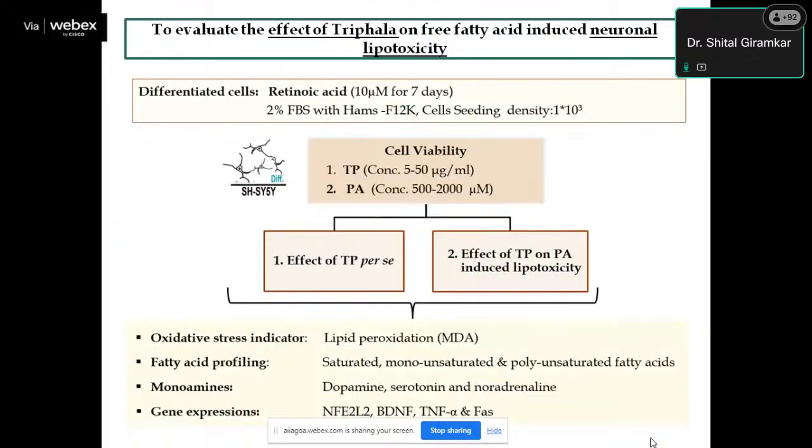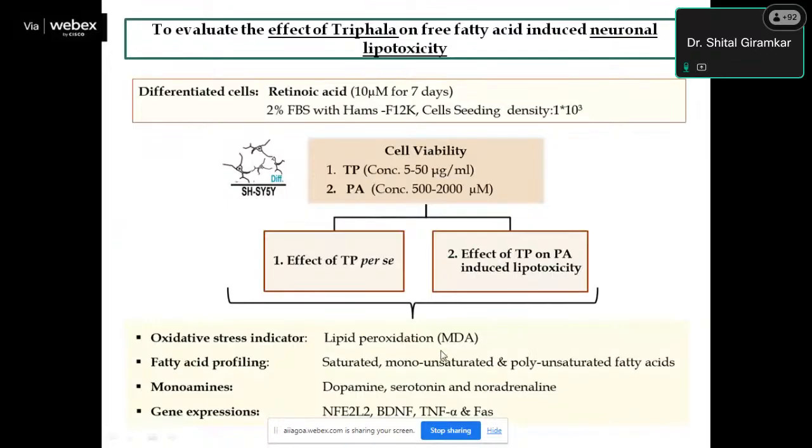So we started with the proper culture and maintenance of the differentiated cells, and firstly we evaluated the cell viability by treatment with tripla, where I have reported the various concentrations we used, that is 5 to 50 microgram per ml.